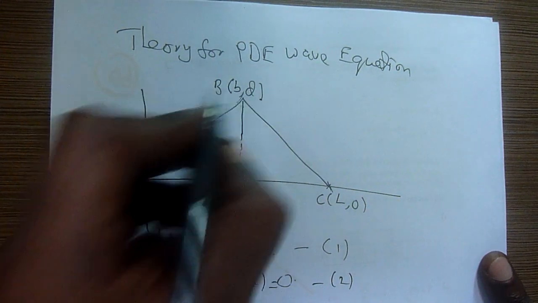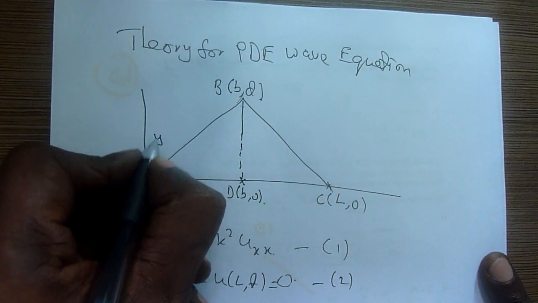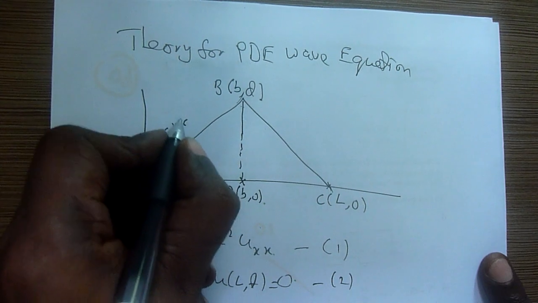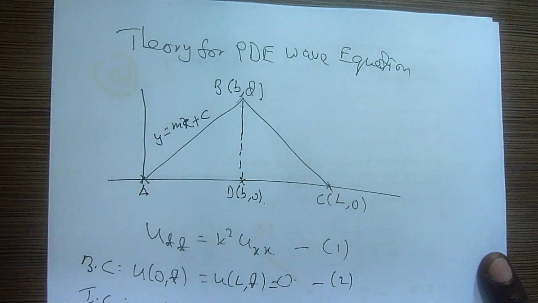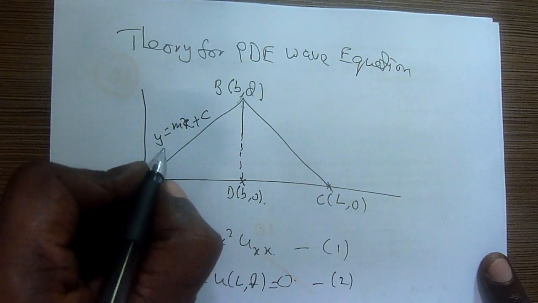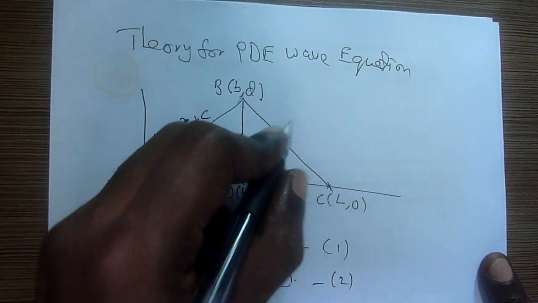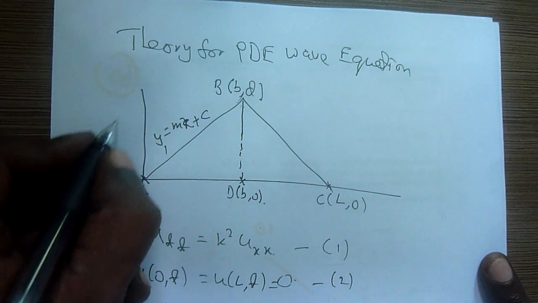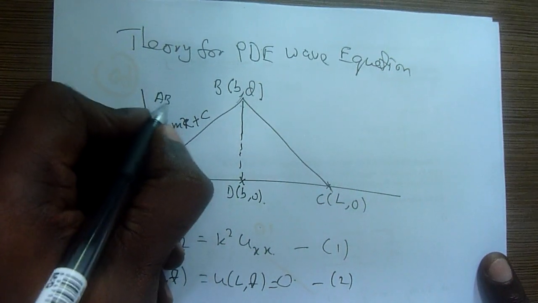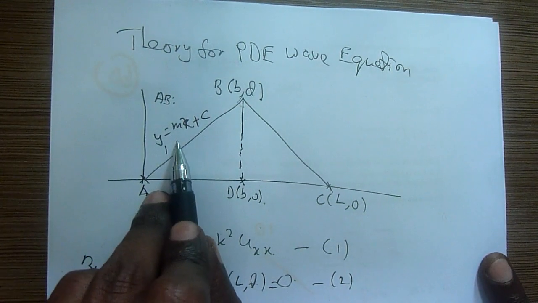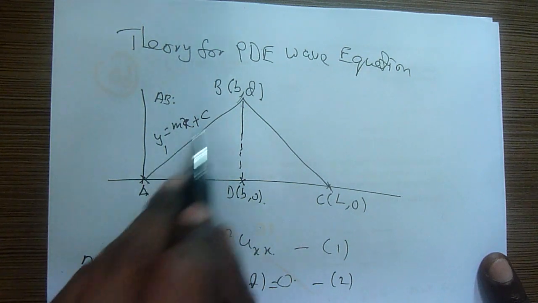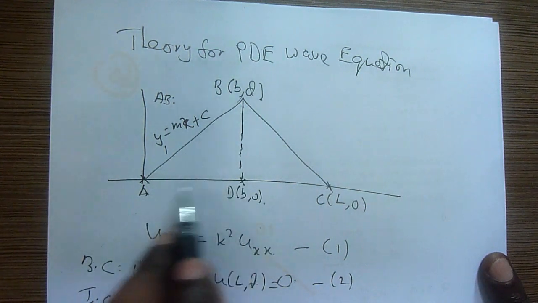For this equation, we can find it using y equals mx plus c. I call this equation number 1. What about this? For this equation, I call it AB. For the AB, you need to use this. How do we find the AB? Very straightforward.